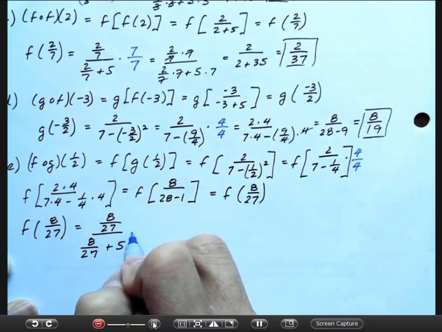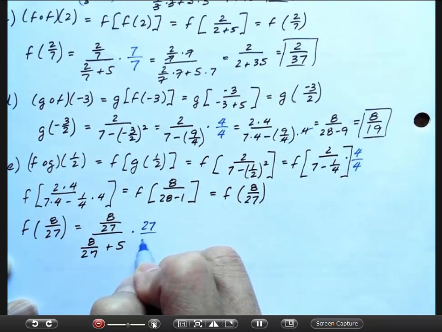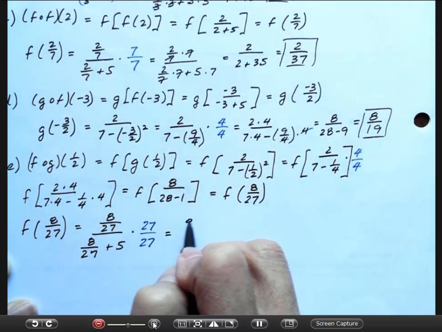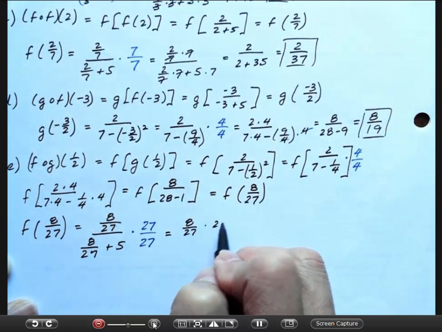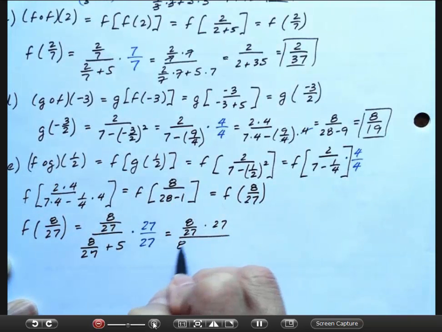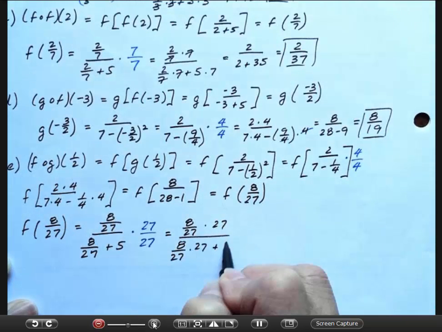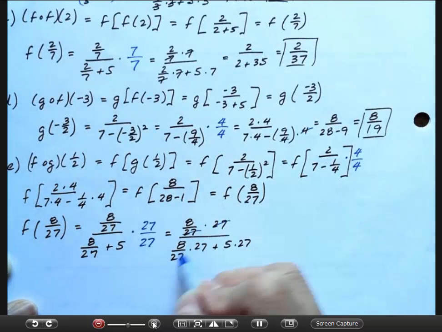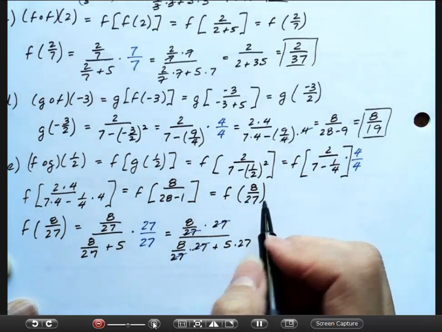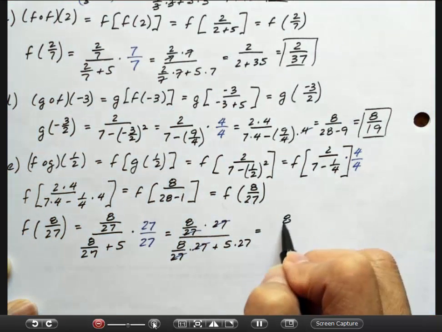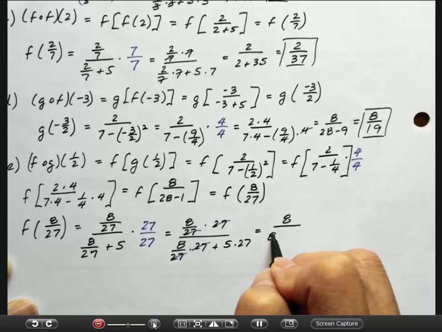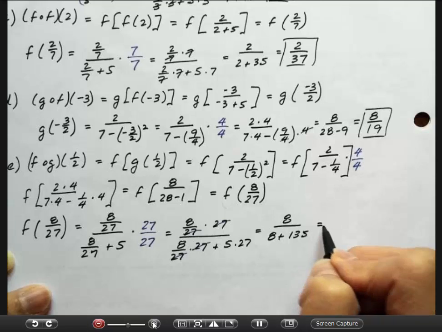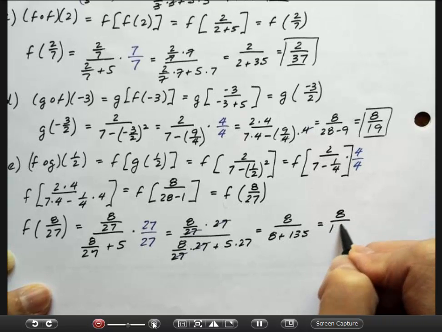I'm going to multiply both the numerator and the denominator by 27. So now I end up with 8/27 times 27 over 8/27 times 27 plus 5 times 27. My denominators cancel out, and I'm left over with 8 over 8 plus 135, which gives me 8/143.